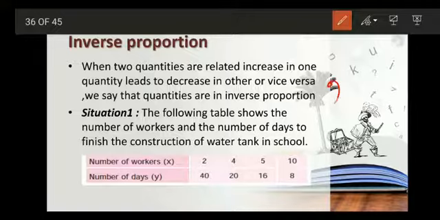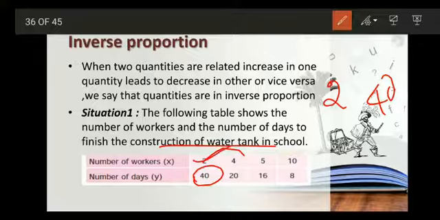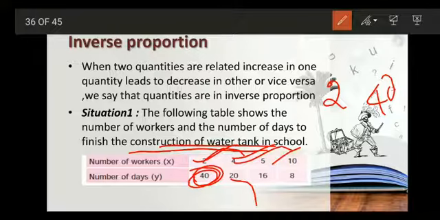Suppose two people are constructing the water tank. If two people work, it will take 40 days to construct the water tank. But if four people work, it will take 20 days. So when you increase the number of people, the number of days will decrease.